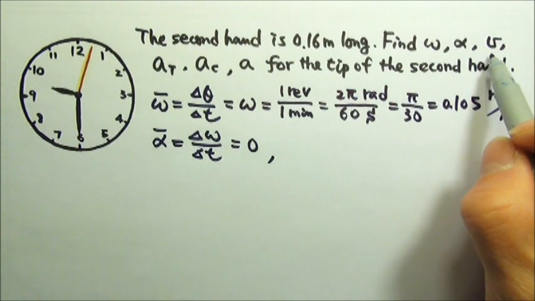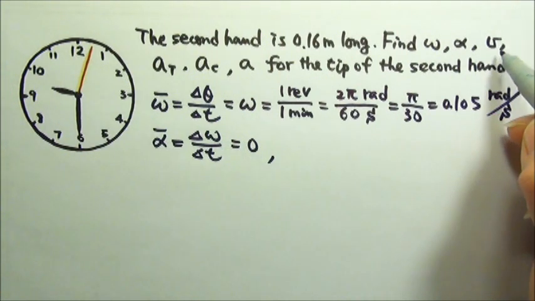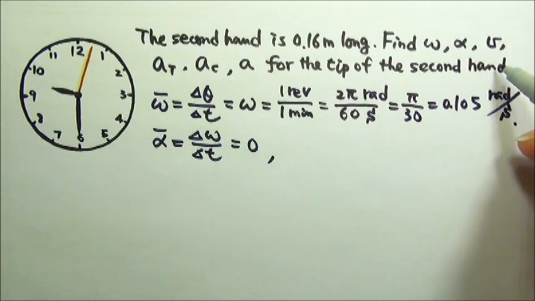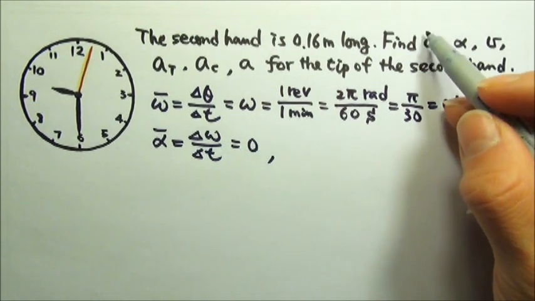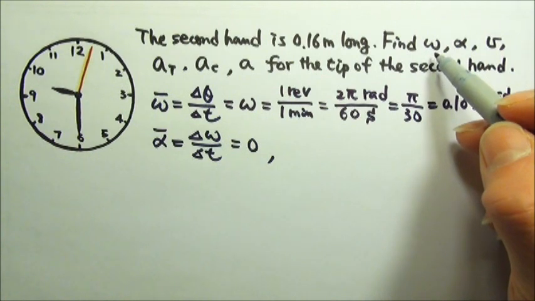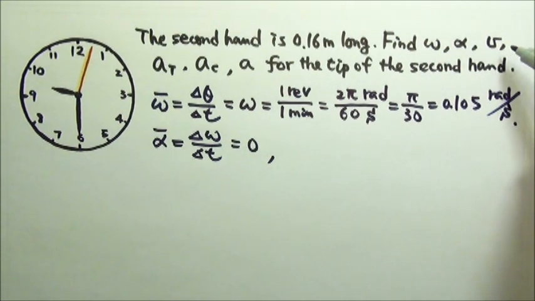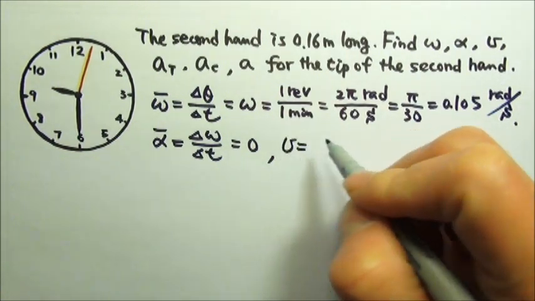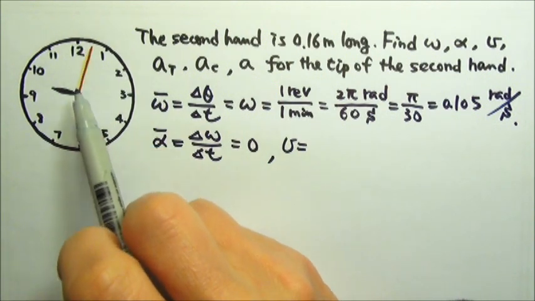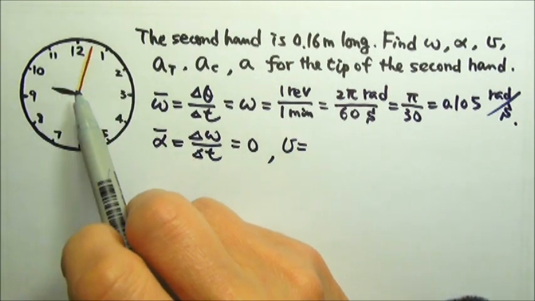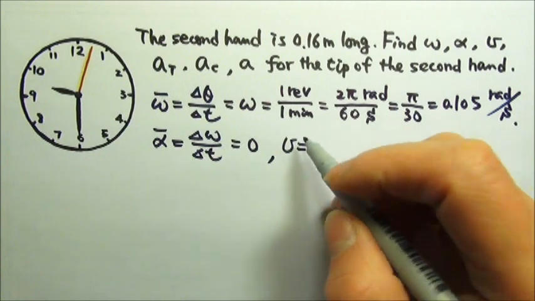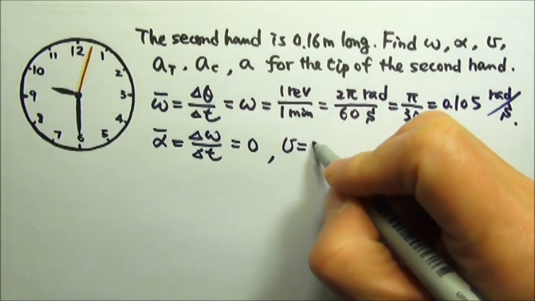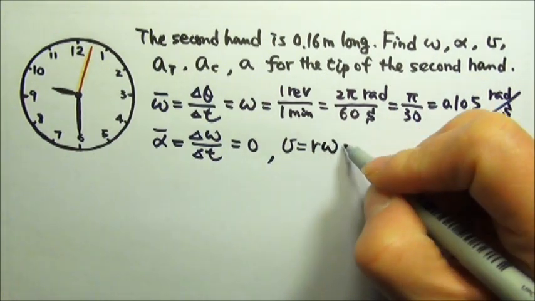And then we want the speed. When we say speed, we mean the meters per second, the translational speed. If we want to talk about angular speed, we would say it's angular speed. So when you see speed, that refers to the meters per second kind of speed. This second hand is rotating about a fixed axis, so we can say the speed equals r omega.